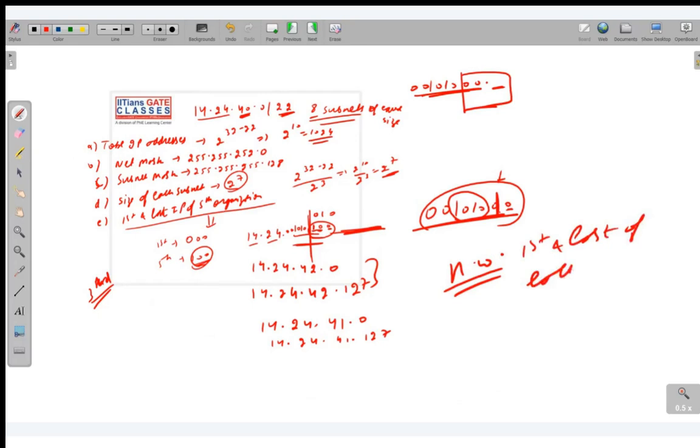First and last of each organization. So how will you attack the question? The basic approach is you try to find 8 subnets. 8 subnets means 3 bits. Now, from where will you borrow 3 bits, that is the basic question. If you are able to answer that, game over. How you will find it is very easy. 22 ones are there, so you will borrow 3 bits after 22 bits.